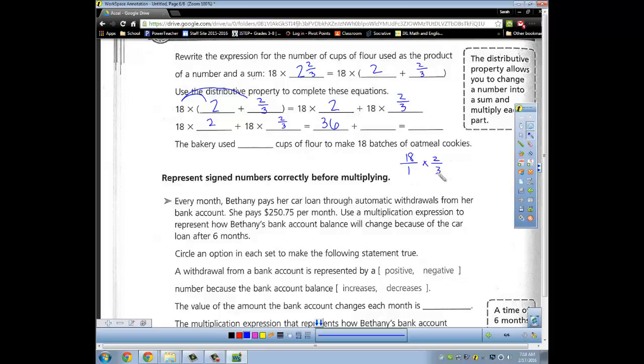I'm going to cross reduce on this one. 18 and 3, I can divide both by 3 to get 6 and 1. 6 times 2 is 12. 1 times 1 is 1. 12 over 1 is 12. So 18 times 2/3 is actually 12. And then I'm going to do 36 plus 12, which is 48. So the bakery used 48 cups of flour to make 18 batches of oatmeal cookies.